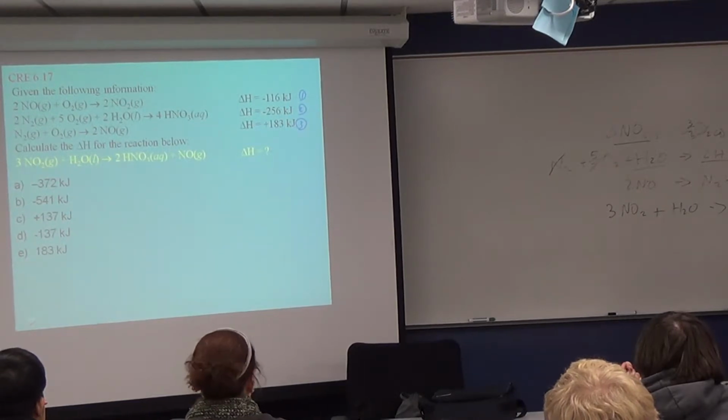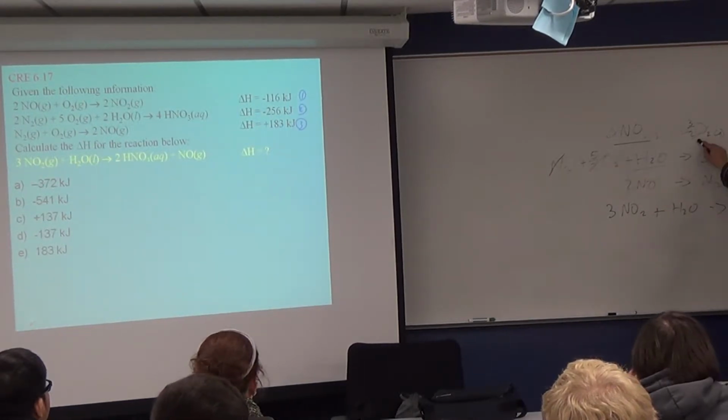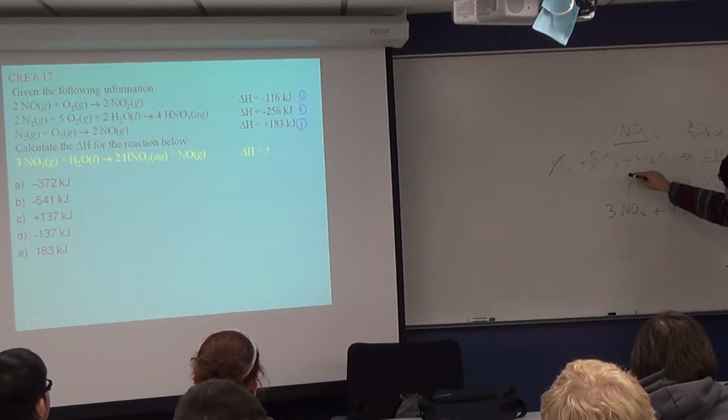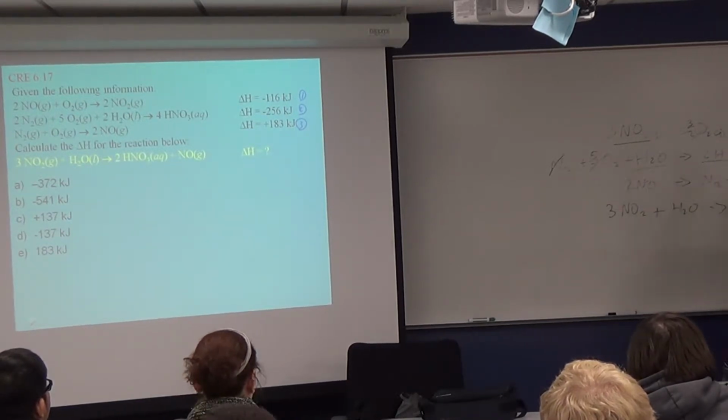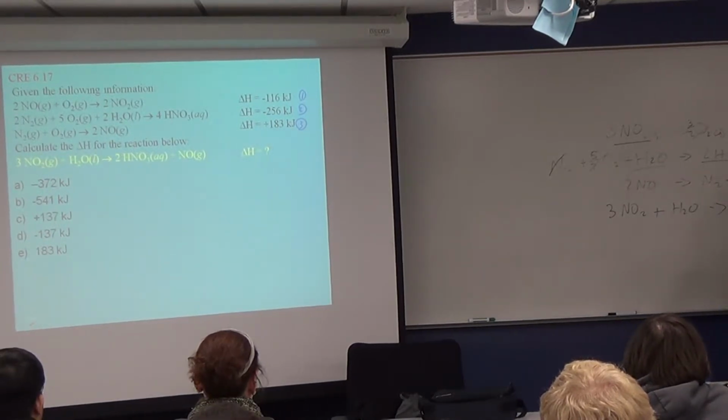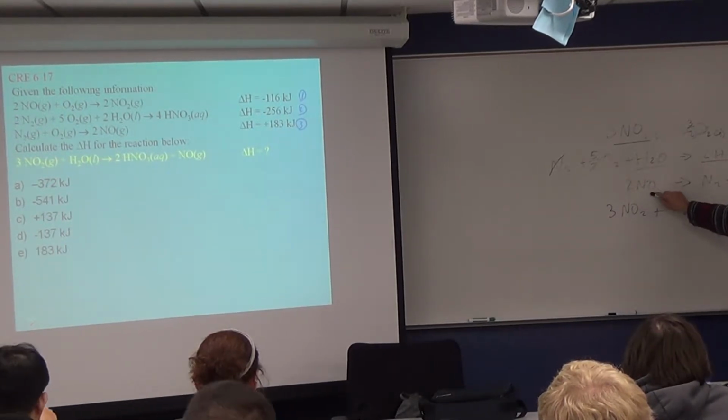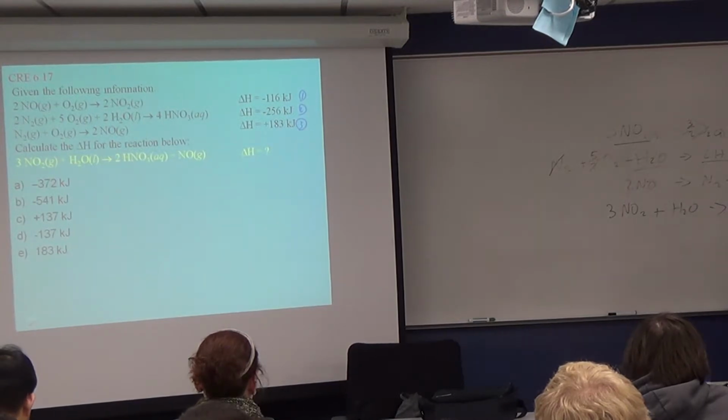Exactly. And what happens is, for O2, 3 halves minus 5 halves, which is -1 on this side, and then there's 1 on this side, so those cancel out. The N2s cancel out, and the NOs cancel out here, but only 2 of them cancel out here, which gives you the 1 that you need for the final equation.